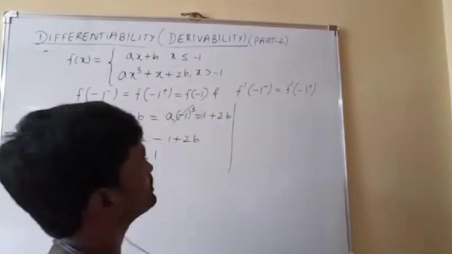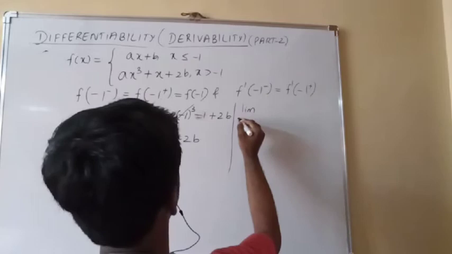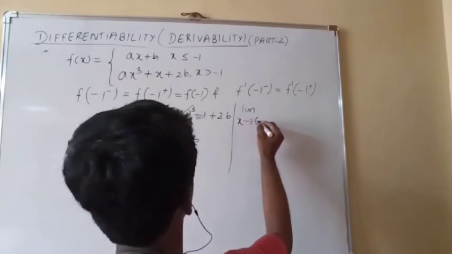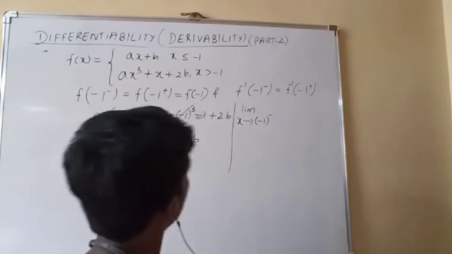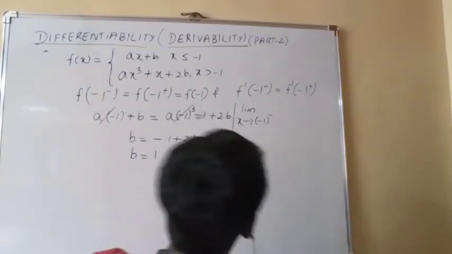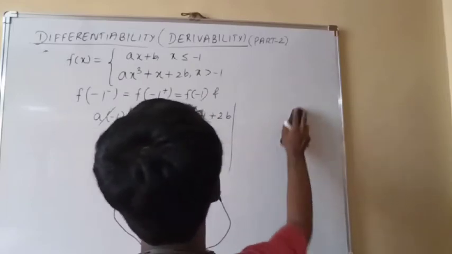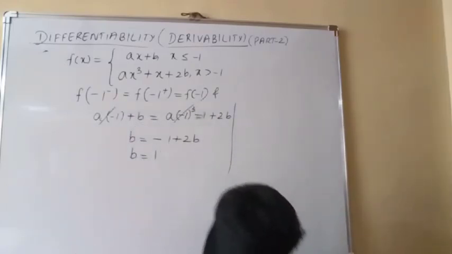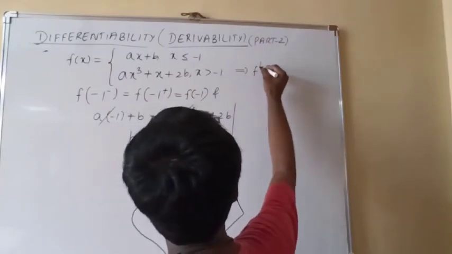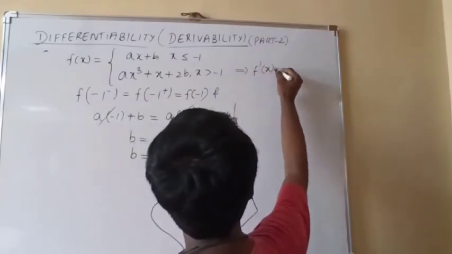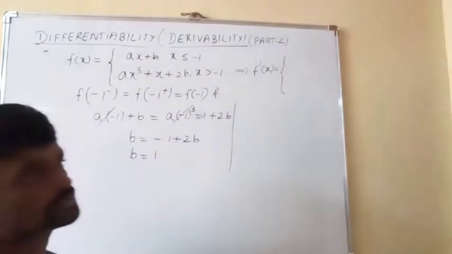Now left hand derivative at minus 1 is equal to right hand derivative at minus 1. Anyway f is differentiable. Instead of doing it by limits, I will suggest one thing. Listen here. Anyway f is differentiable at minus 1. Just find f dash x directly, differentiating the two pieces.